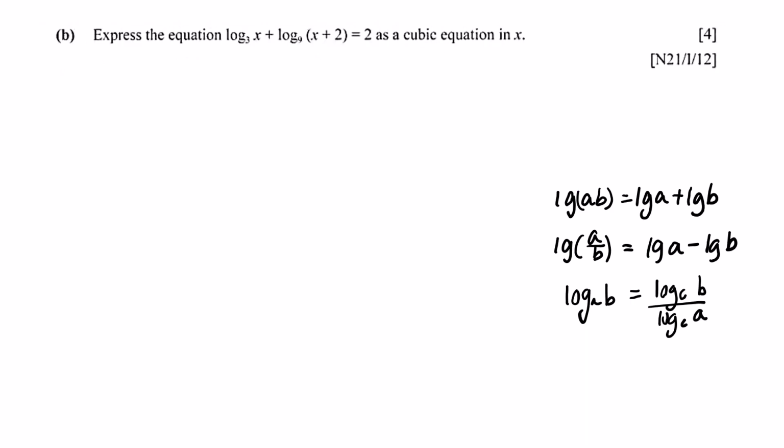Let's look at the next part of the questions. In these questions, we are asked to express the logarithmic equation as a cubic equation in x. What it means is that I just have to remove all the logs, and the answer will be in the form ax cubed plus bx squared plus cx plus d equals 0, where a, b, c, d are constants.